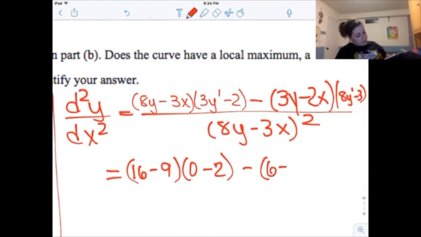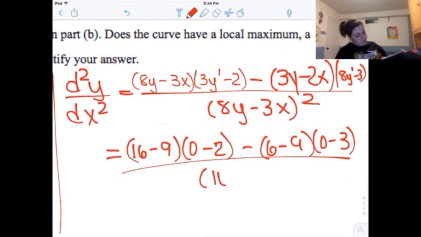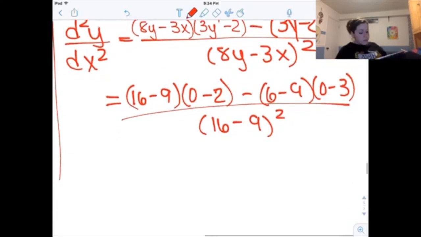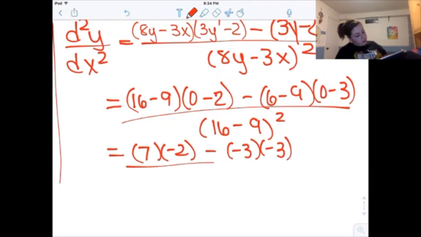So 6 minus 9, and then 0 minus 3, over 8y, which is 16 minus 9, squared. So this gives me 7 times negative 2 minus negative 3 times negative 3, all over 16 minus 9 is 7 squared.